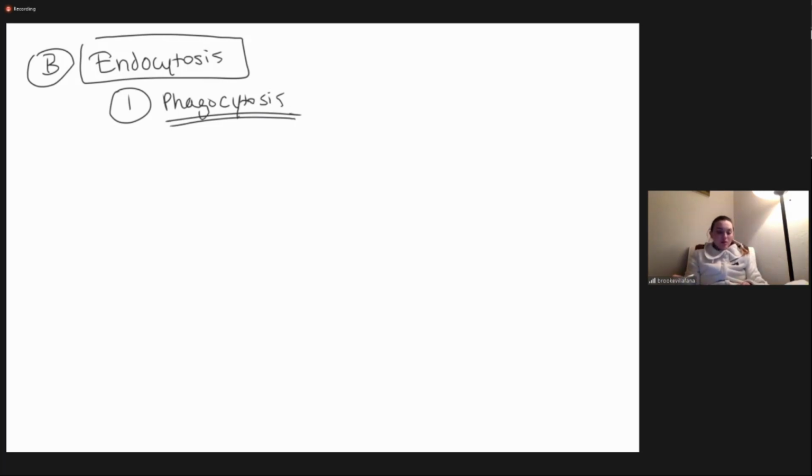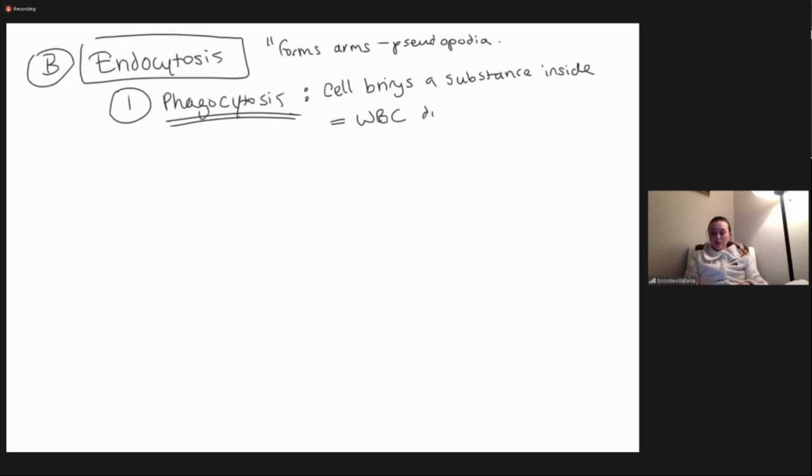So phagocytosis is when the cell brings a substance inside. It forms arms, and the arms are called pseudopodia, and those arms kind of bring the substance in. White blood cells do this. White blood cells actually eat bacteria or parasites and bring them in.